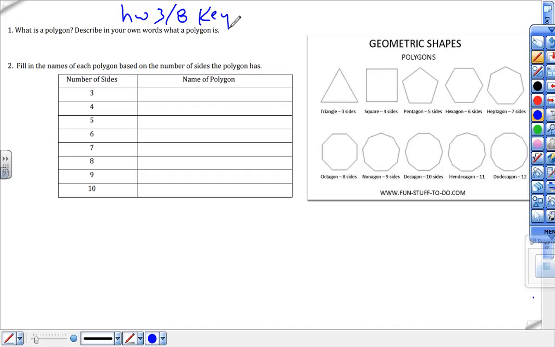Alright, a regular polygon with 3 sides, we just call that a triangle. A regular polygon with 4 sides, we call that a square.